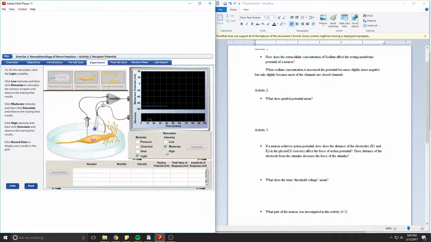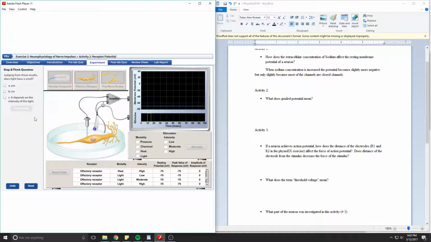Moderate. High. Wow, that didn't do anything either. Okay. Record data. Judging from these results, does light have a smell? No. What kind of question was that?